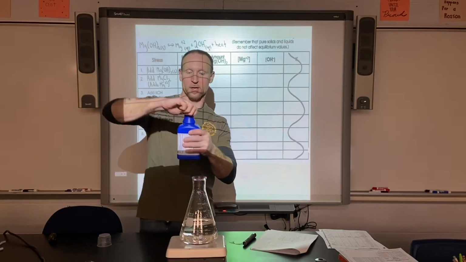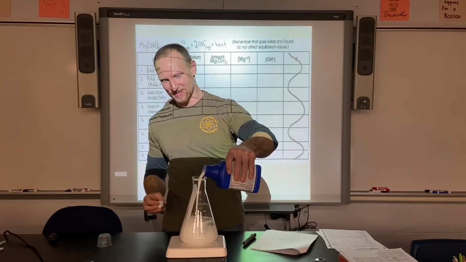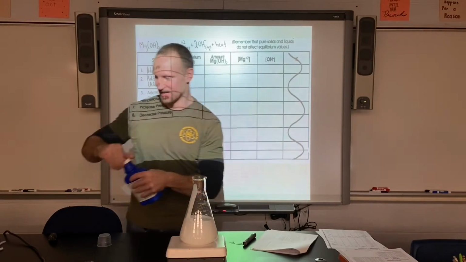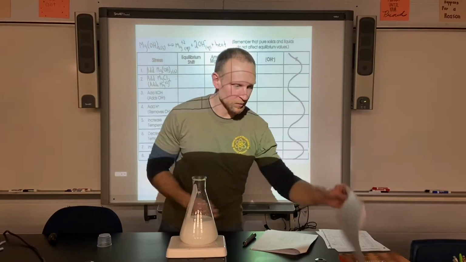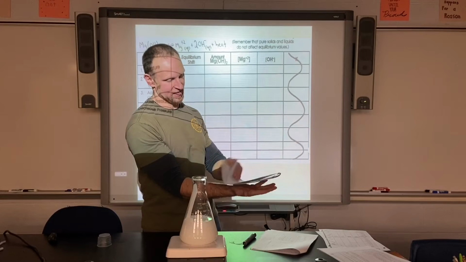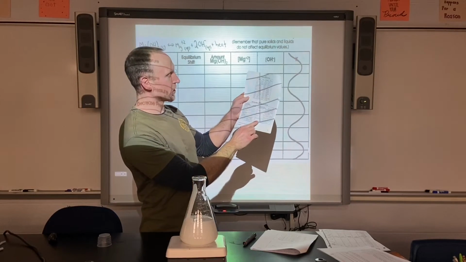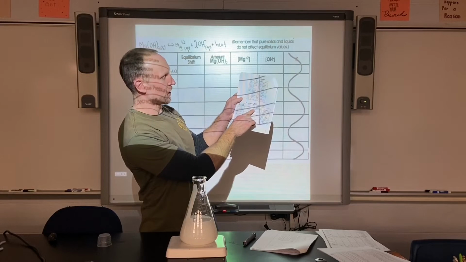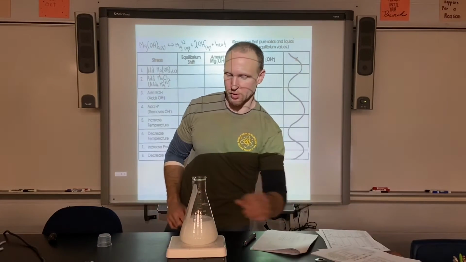So it's a base, but it's not very soluble. If we remember back to our solubility guidelines, we look on here. If we go to table F, hydroxides are insoluble. Magnesium's not an exception, so it's pretty insoluble.